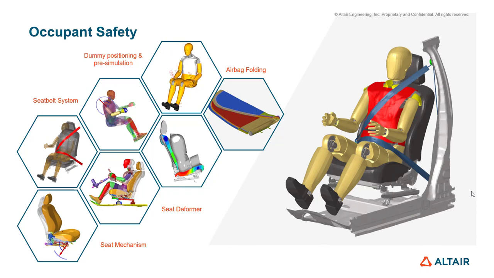The next tool is the airbag folding tool. If you are in the Radioss interface, it is going to allow you the airbag folding, and it is a step-by-step process, and for each and every step it is going to write an out file or input deck file, and you just have to run that simulation and that will be input for your next step.